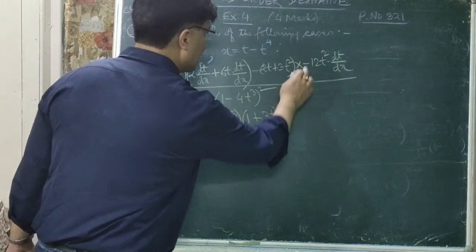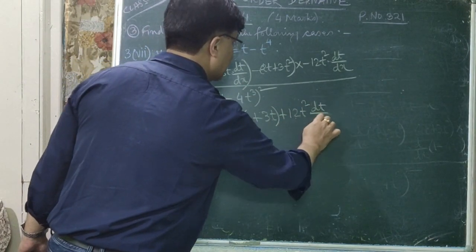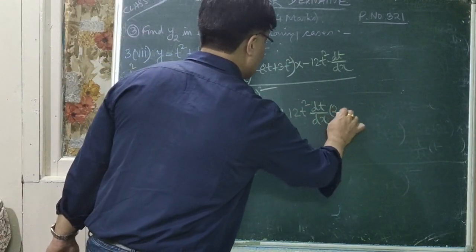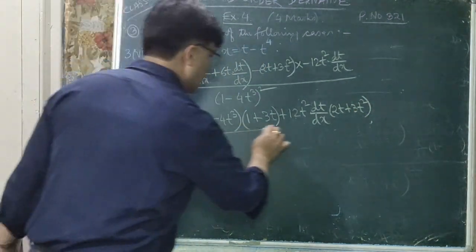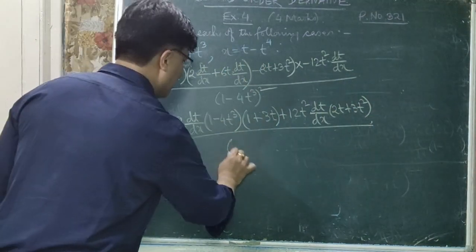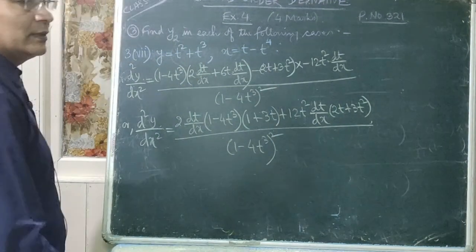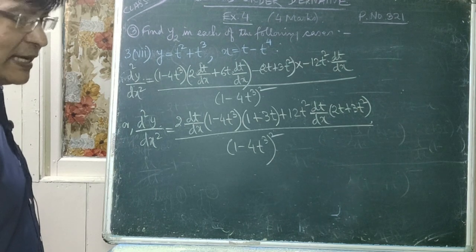Minus and minus plus 12t square dt by dx is written first here, then into 2t plus 3t square. So this whole is divided by, in the denominator, 1 minus 4t cube whole square. Understood now? So now let's simplify it again.